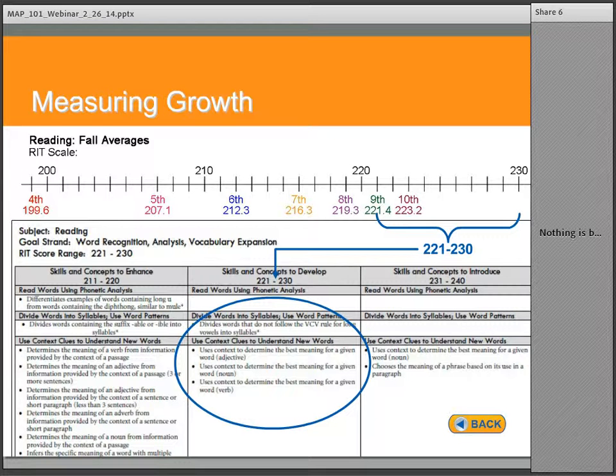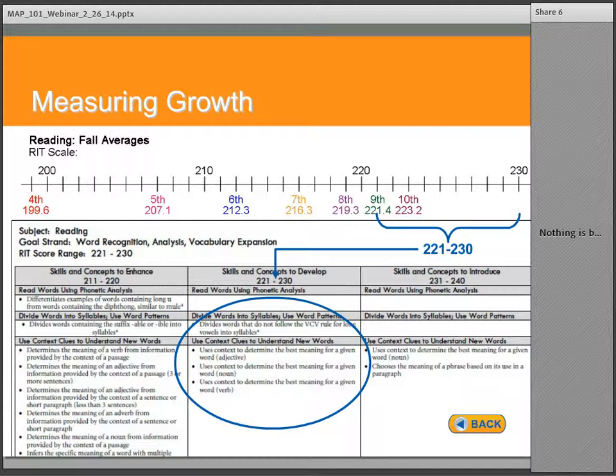The blue ones right here, we just talked about those. Those are the things that he's ready for instruction for today. And the ones that are 211 to 220 are skills that they've already had instruction on, have some mastery of, and they'll have great success with those.